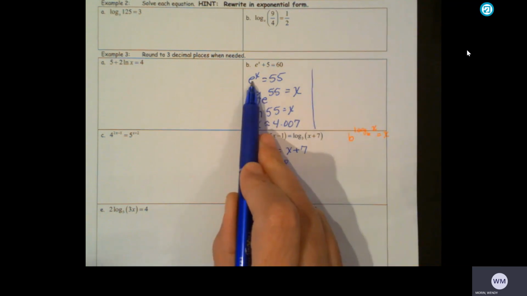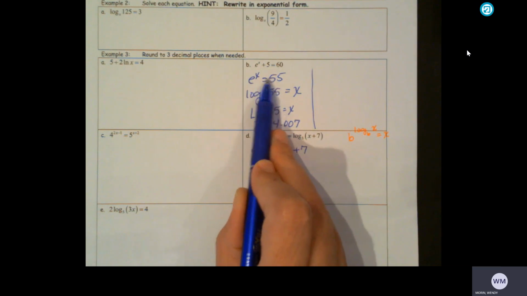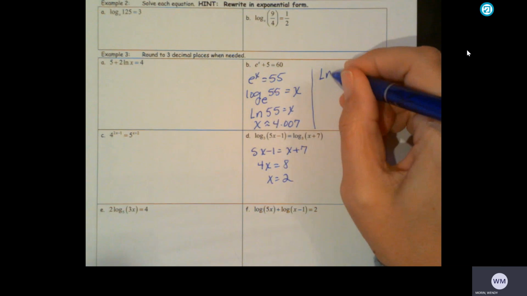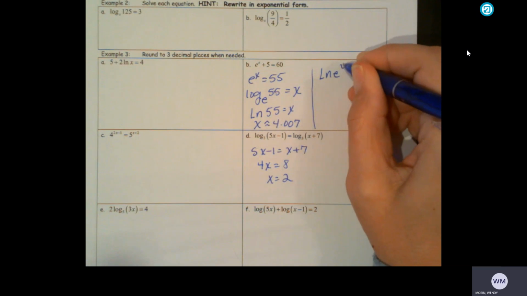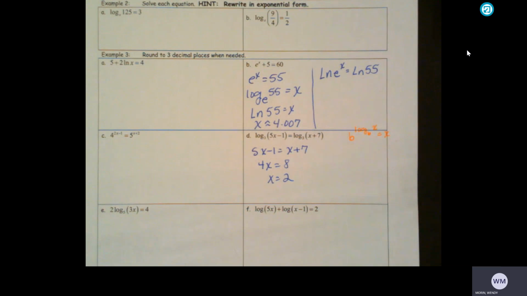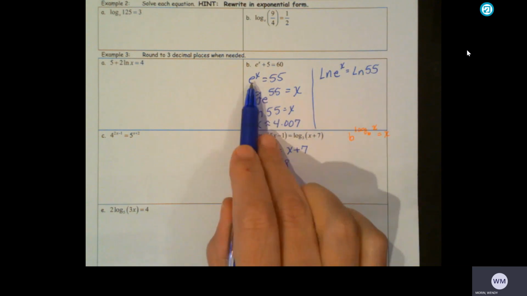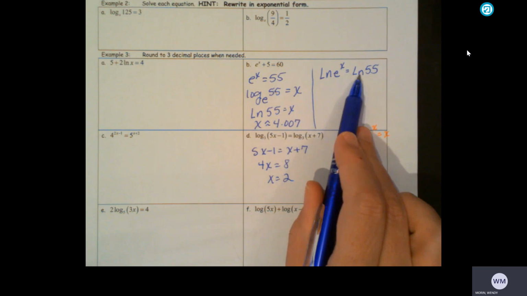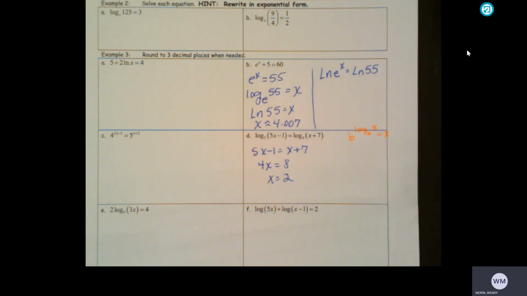If your power has a base e, and you have a base e equation, take the natural log of both sides. If left is equal to right, then the natural log of the left is equal to the natural log of the right. That is true.